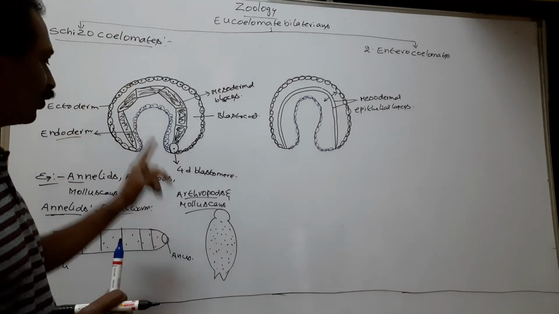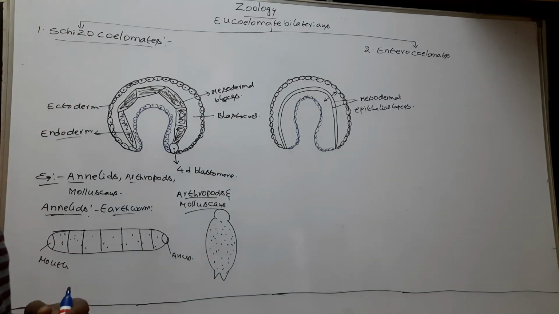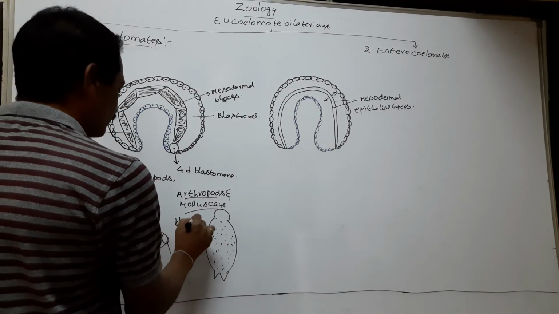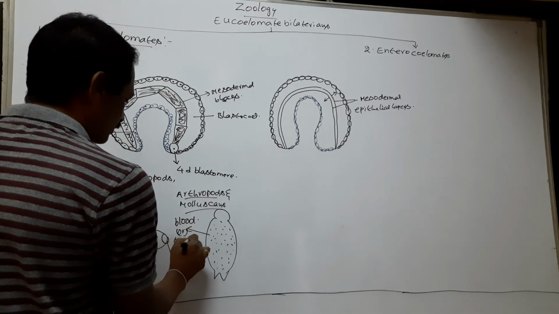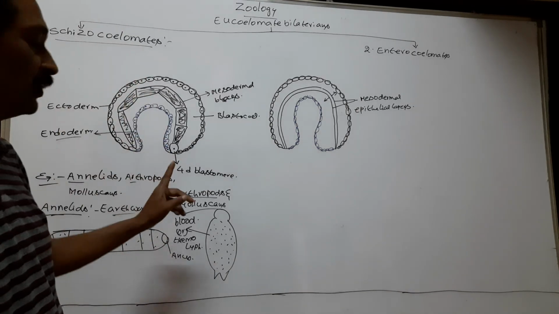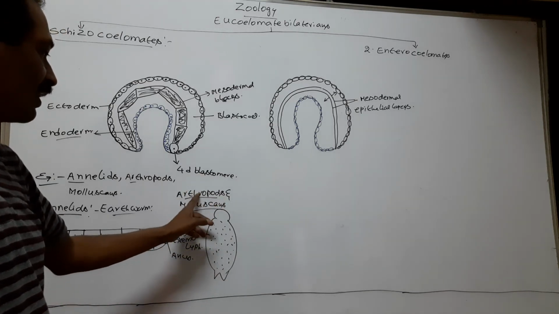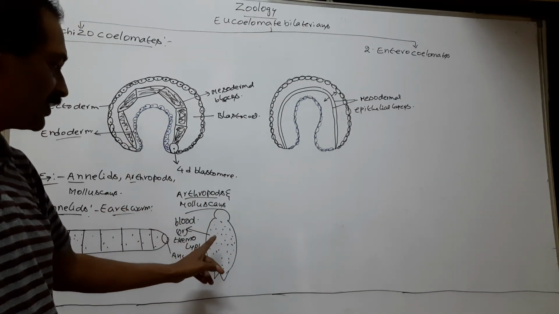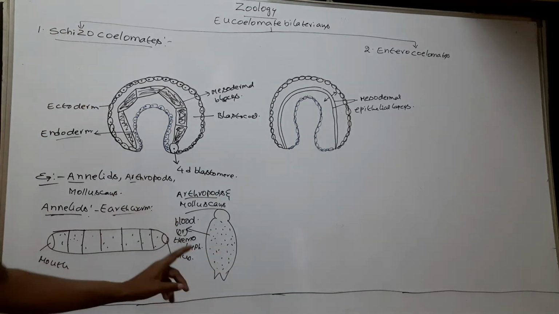The schizocoelom arranged around the visceral organs is filled with blood or hemolymph.